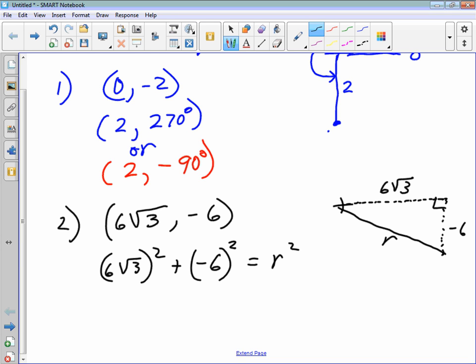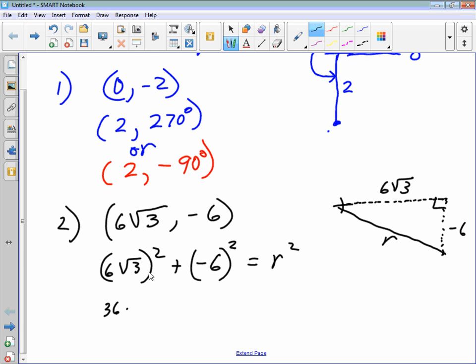Equals r squared. Okay? Now, this is one place where knowing how to deal with radicals is really, really helpful. If you have 6 times the square root of 3, you just square both components. So now we have 36 times square root of 3 times the square root of 3.